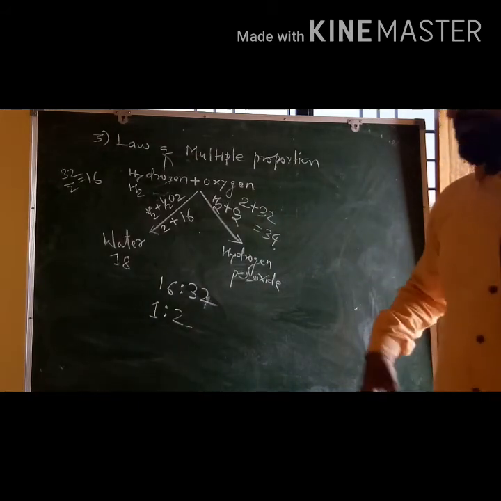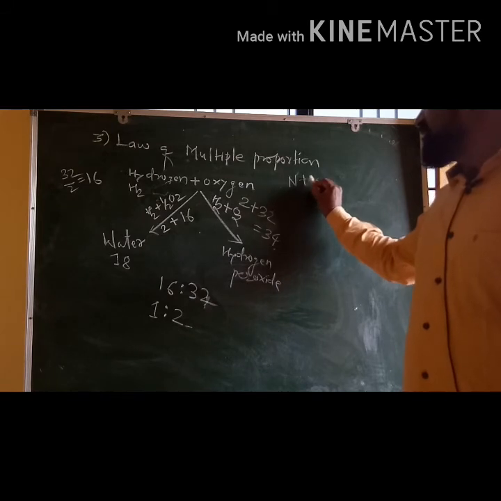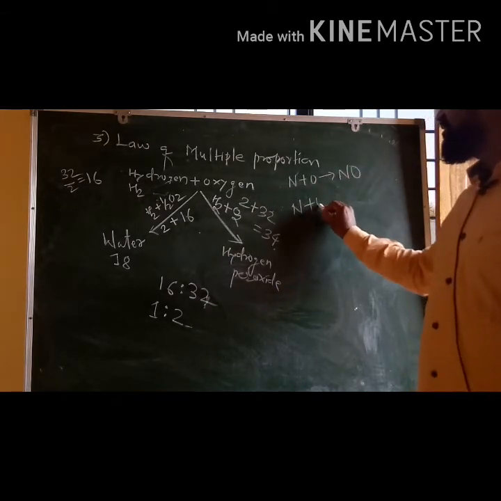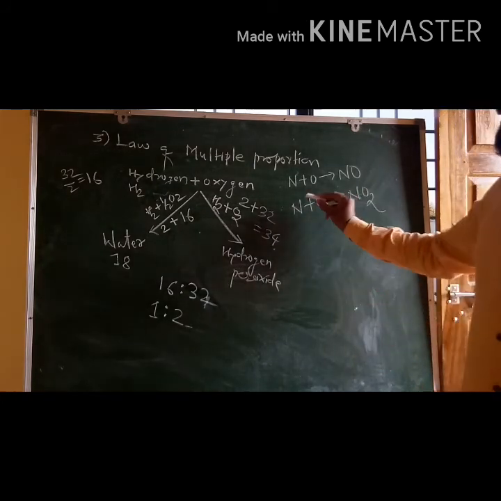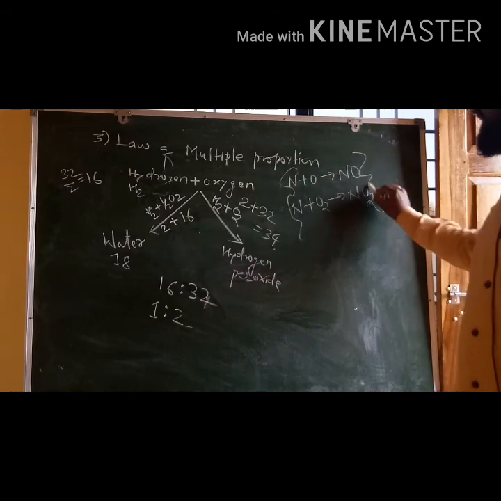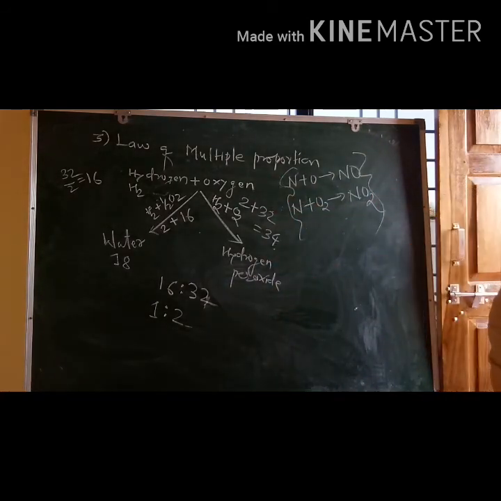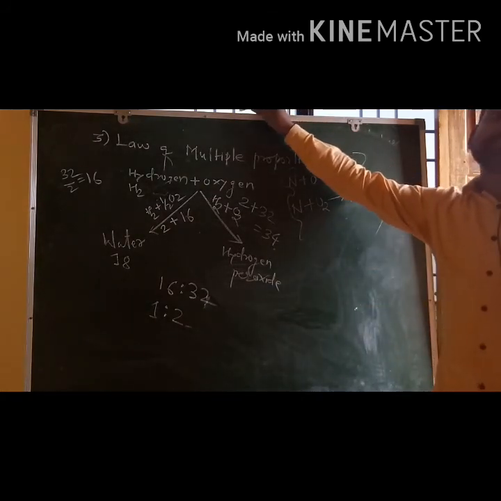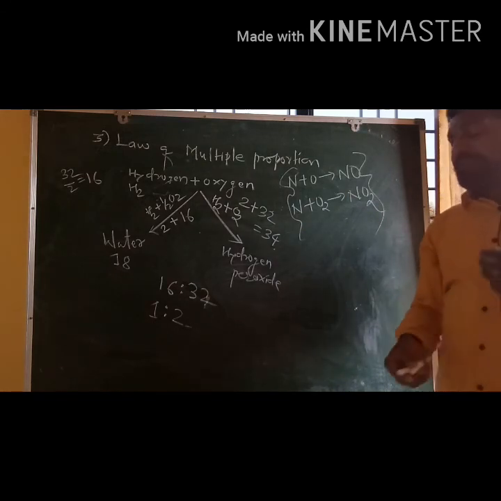Again, you can take many more examples. A similar example: when nitrogen combines with oxygen, there is a formation of nitrogen monoxide, and when nitrogen combines with oxygen gas, there is a formation of nitrogen dioxide. So here also you can get the exact confirmation of the law of multiple proportion suggested by John Dalton in the year 1803. Okay, so this is about the law of multiple proportion.